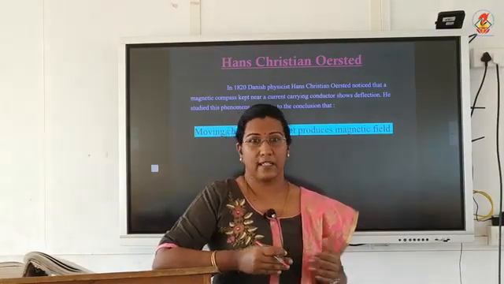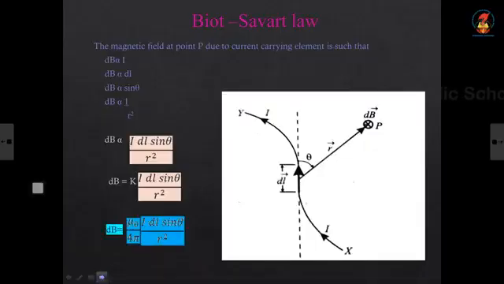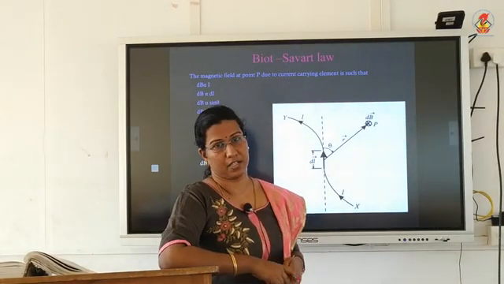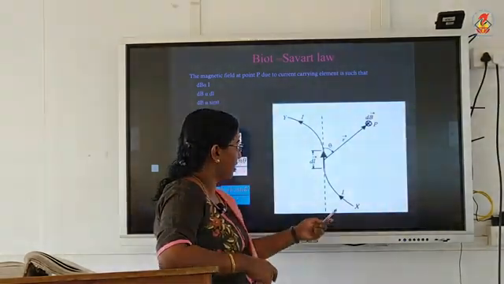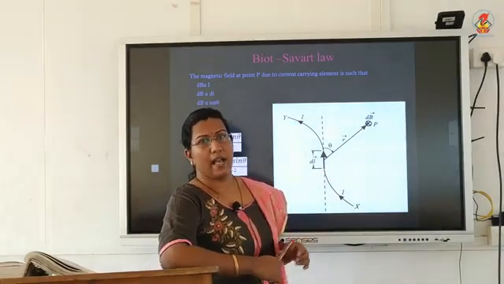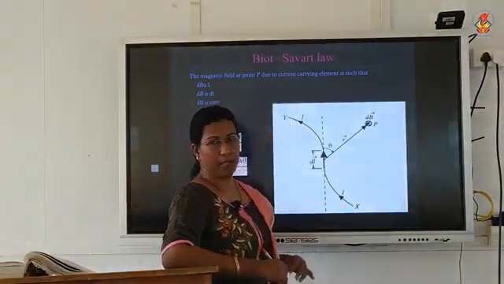Later, two scientists known as Biot and Savart formulated an equation to find the magnetic field at a point if current is flowing through a conductor. So imagine you have a conductor X, Y. Through this conductor a current I, say 1 ampere or 1 milliampere, is flowing.